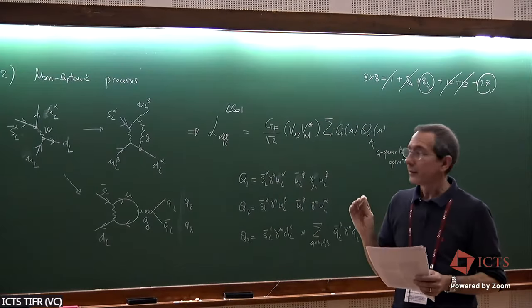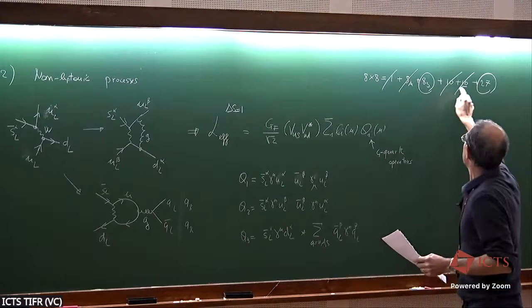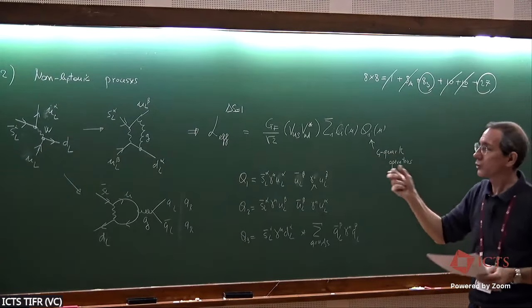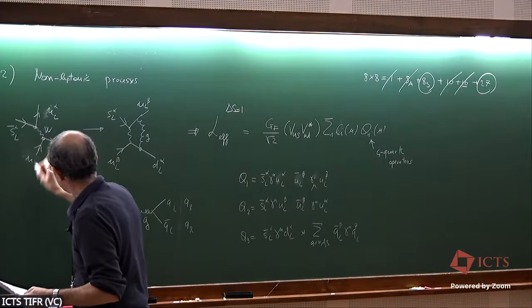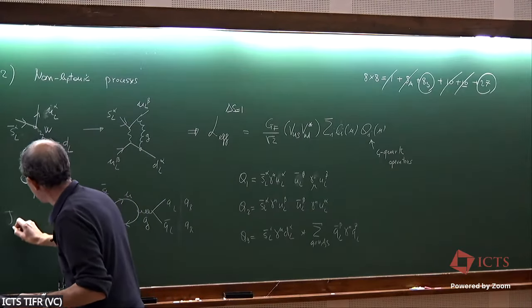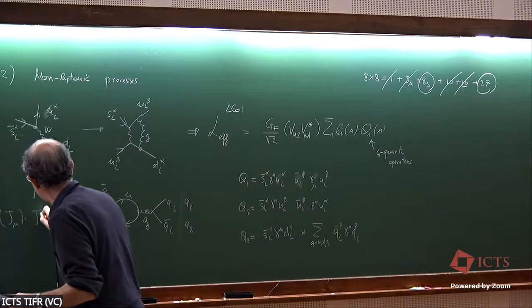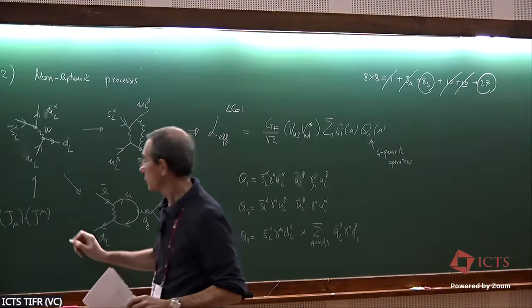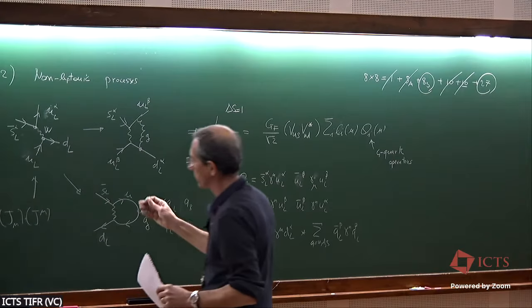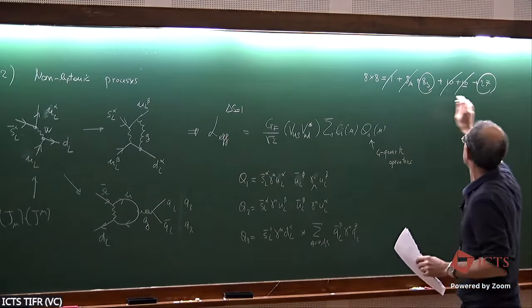To generate, for instance, this 10 bar, I need the antisymmetric combination, which I don't have here. So these are always of the form a current times another current. These currents are octets, so for instance, this is completely symmetric, and one can prove that you generate only these 2 structures here.